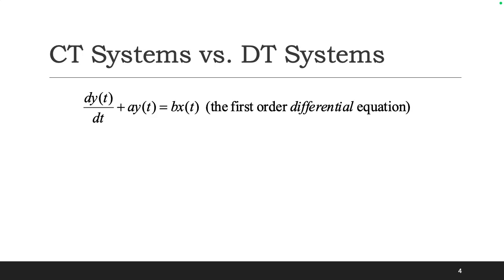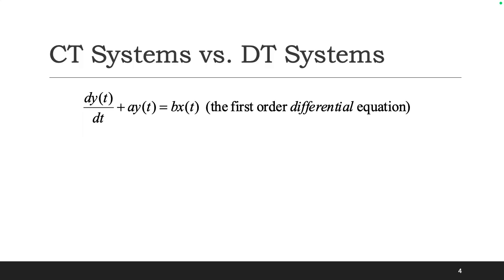Do you remember, we know all the first order linear invariant systems can be represented in a specific form. Do you remember what form? We talked about it in last class. Yeah, this one. The first order differential equation.